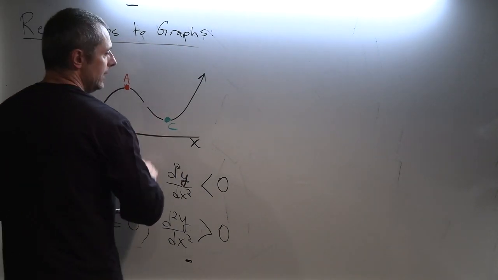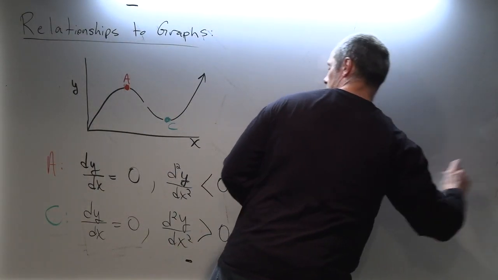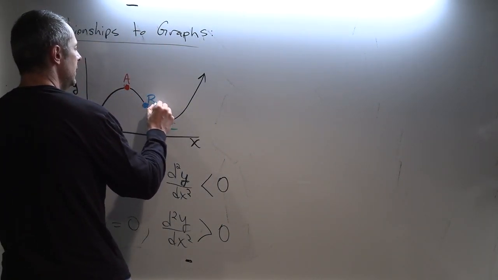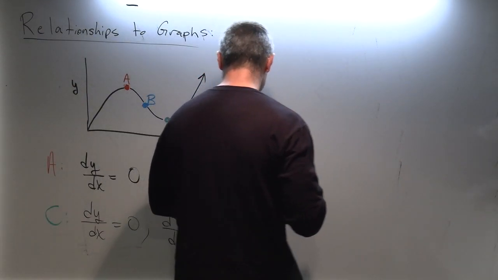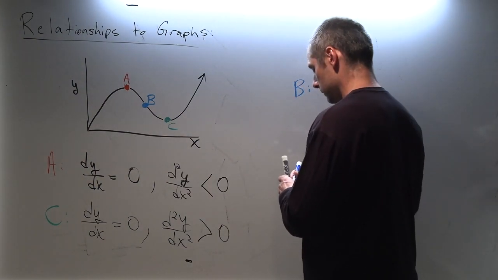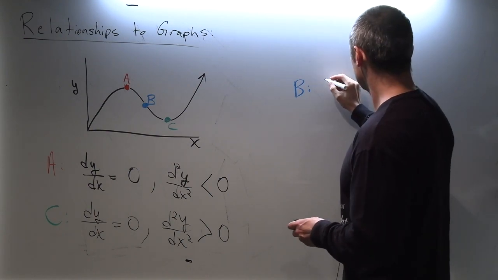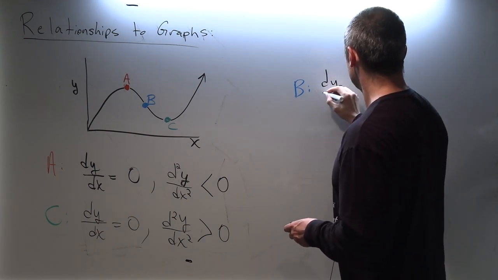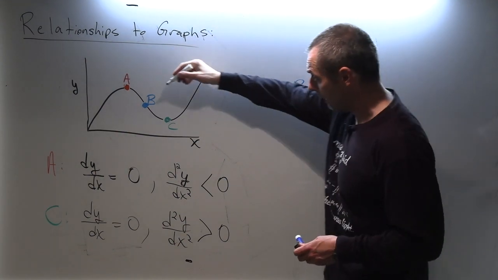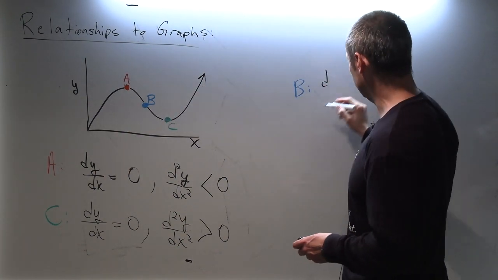And then the point right here in the middle, which, as I said, I would label B. At that point, the derivative is obviously negative because the function's going down.